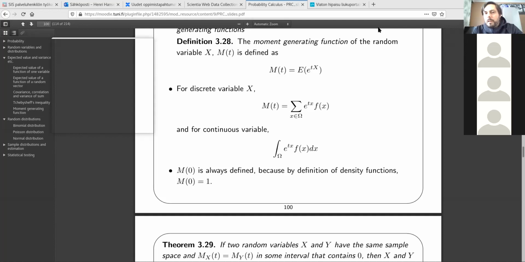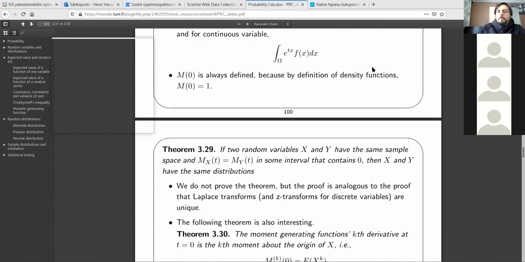Those of you who are familiar with signal transformations, like the Laplace transformation or the Z transform, these are highly similar to those. M(0) is always defined because the density function always sums to 1. You can see that if we set t equal to 0, then this is always 1. So it has a region of convergence, but for higher values of t, this doesn't necessarily exist.